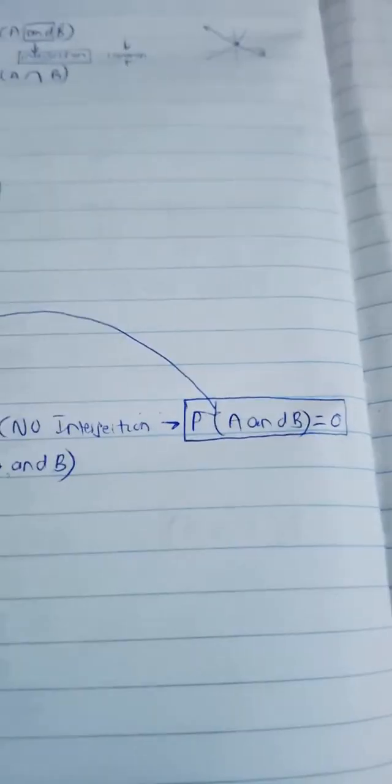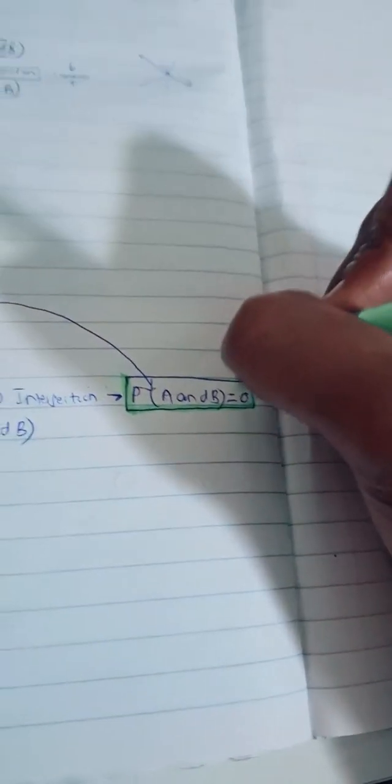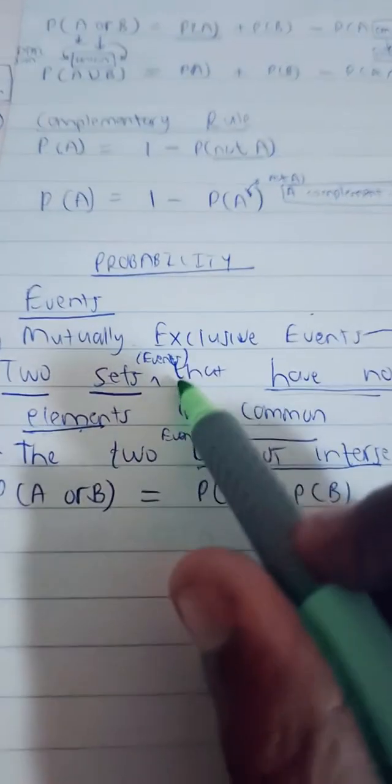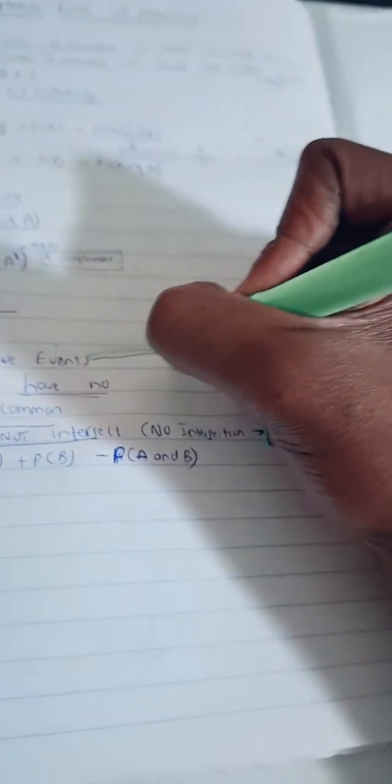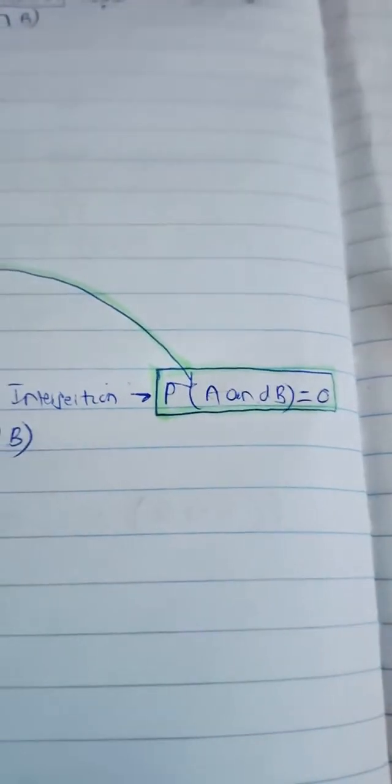So this is something that you need to note about mutually exclusive events. And this forms part of our conceptual understanding for mutually exclusive events. We know that for mutually exclusive events, the probability of A and B is equal to 0.